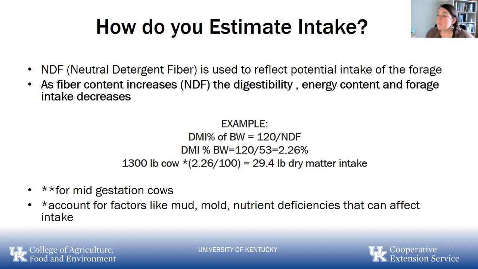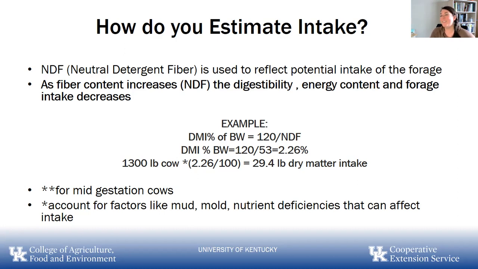So for example, if we're going to try to figure out how much she's going to eat during a day, and this is once again on a dry matter basis, because this is the best way to calculate that. DMI, which is our dry matter intake as a percent of body weight, equals 120 divided by the NDF. Okay. I don't know where that number came from.